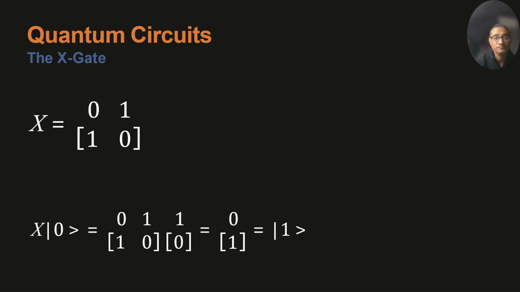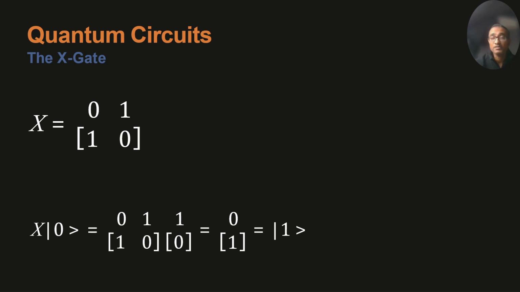For example, let's say the X gate is now being applied to a qubit with state 0, as you can see on the screen. It is nothing more than a matrix multiplication that we have seen in the quantum linear algebra session.